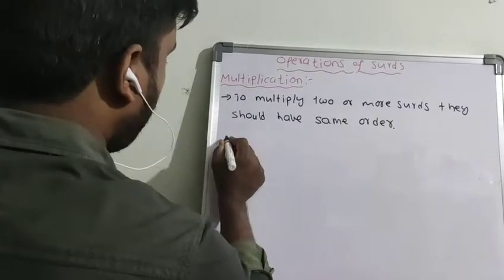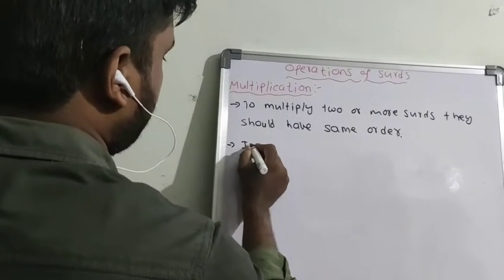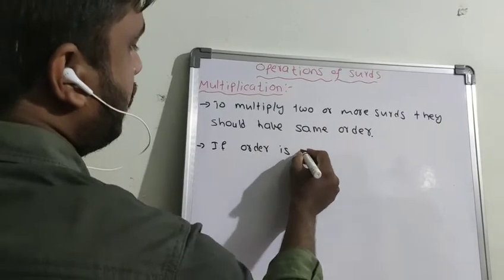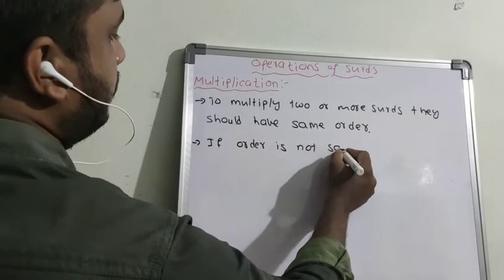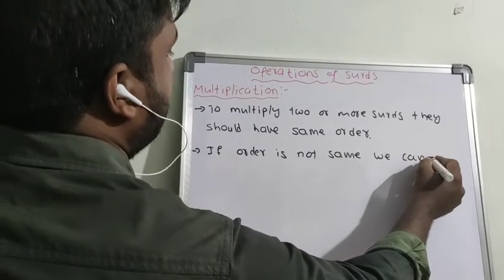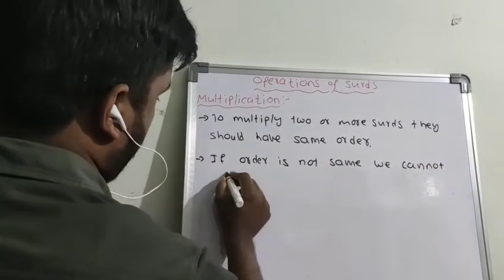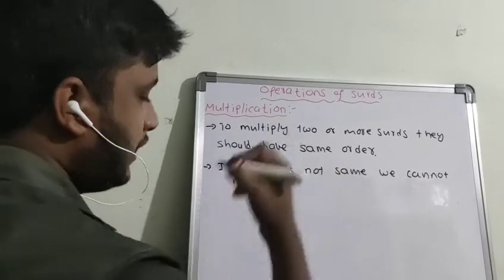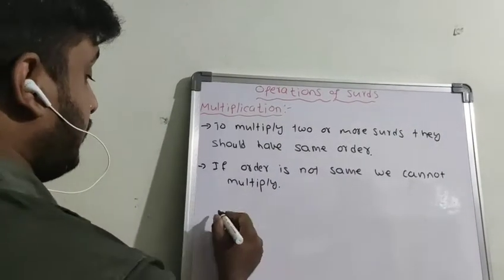If the order is not the same, we cannot multiply. See how.